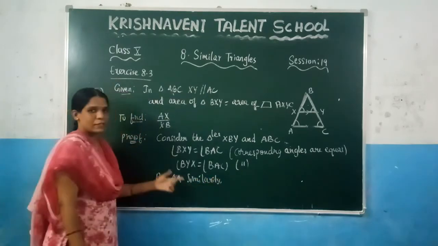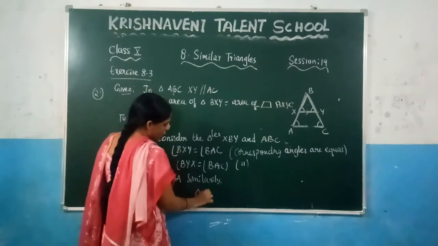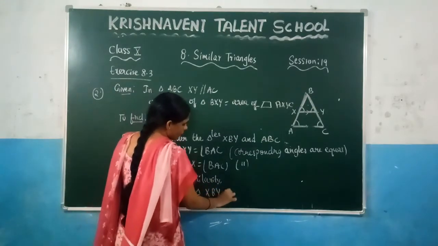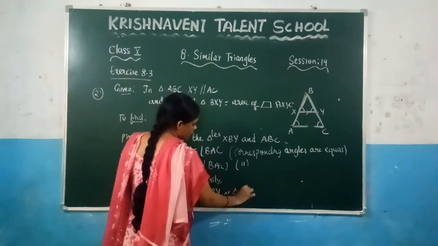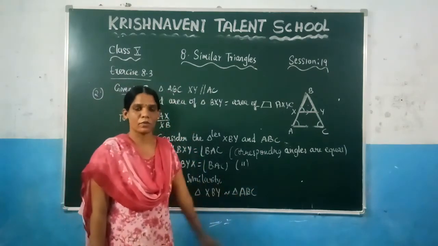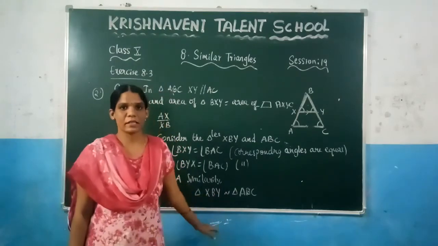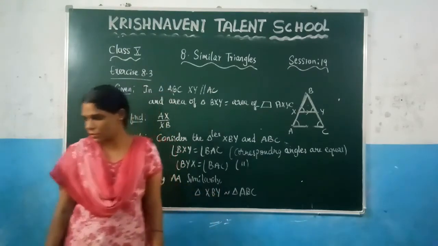You can write that these two triangles are similar. So triangle XBY is similar to triangle ABC. Since these two triangles are similar, now by the areas of the similar triangles theorem, we will get one equation. So write that one.